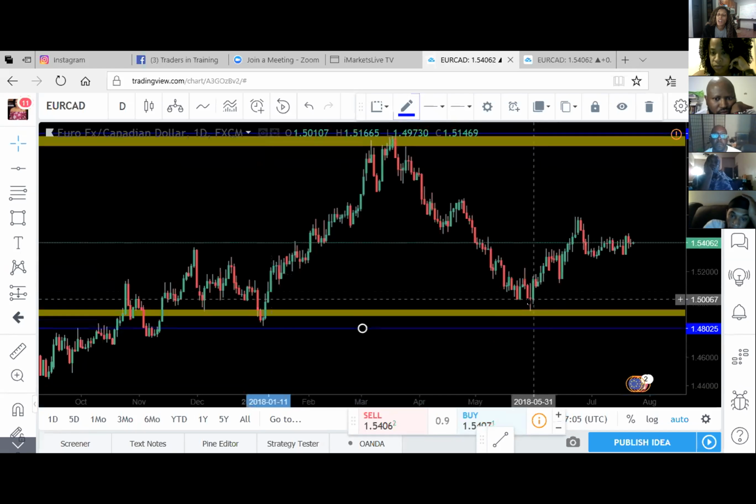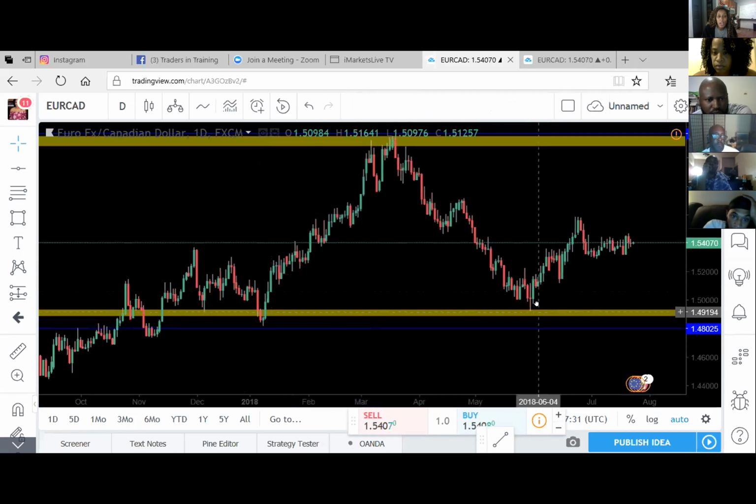I need y'all to start with where price currently is and go back. You don't automatically just go back two years. You start where price is and strategically find the engulfing candle. So when I'm looking at this, every time it's in that area, it really bounces off of it. Did it dip below that one little time? Yeah, but every other time, price reversed and went up, price reversed and went up.